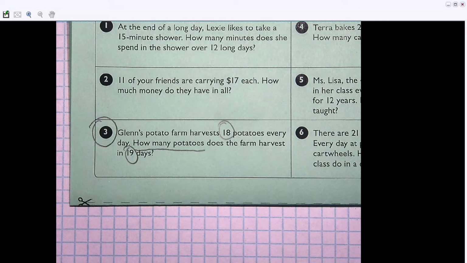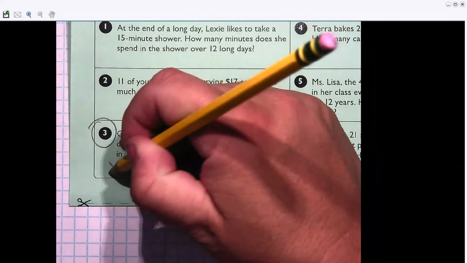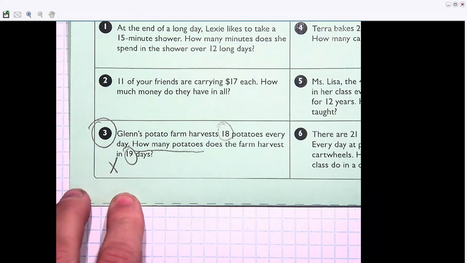But we don't know the total amount of potatoes collected. So that means we have either addition or multiplication. But since we have 18 of something and we're repeating the counting, we know we have multiplication. So I'm going to mark this as multiplication.